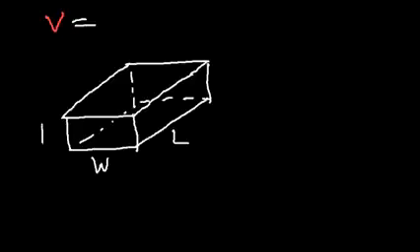Now what about volume expansion? So let's say if we have a rectangular solid. The volume of this solid is equal to the length times the width times the height.